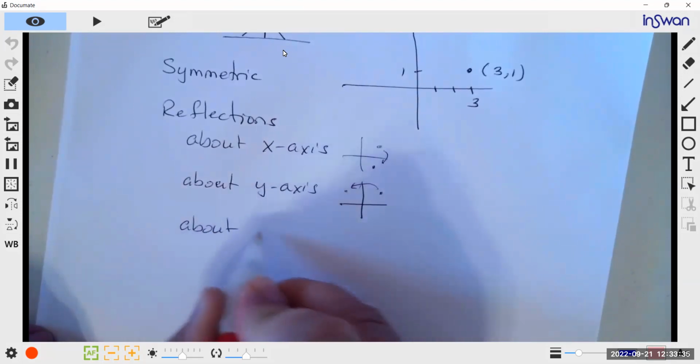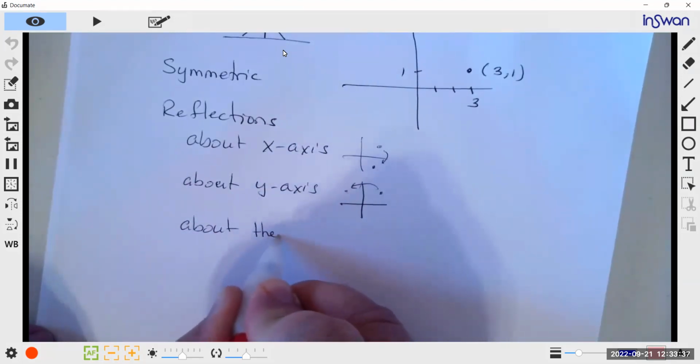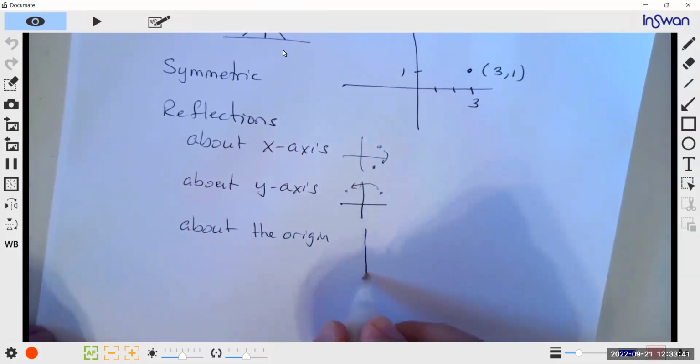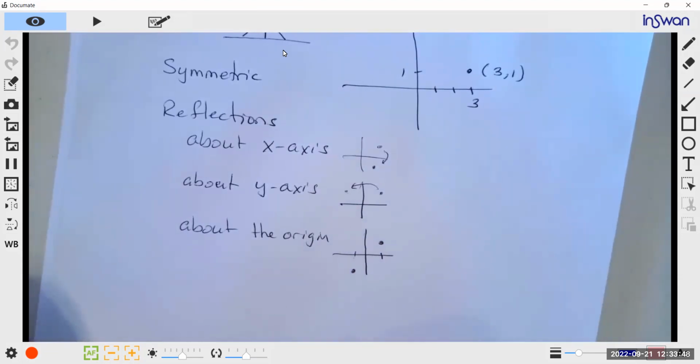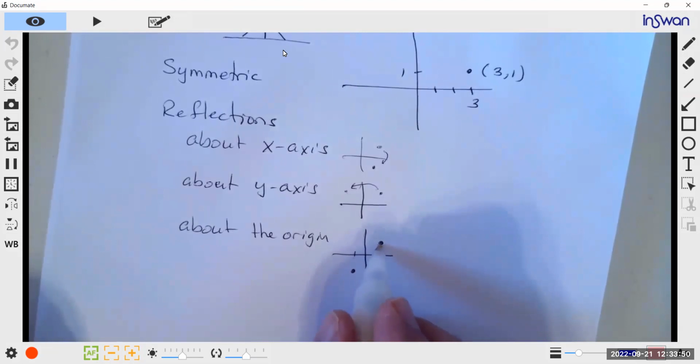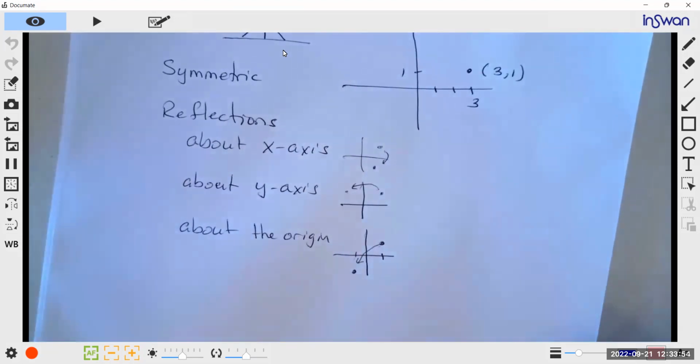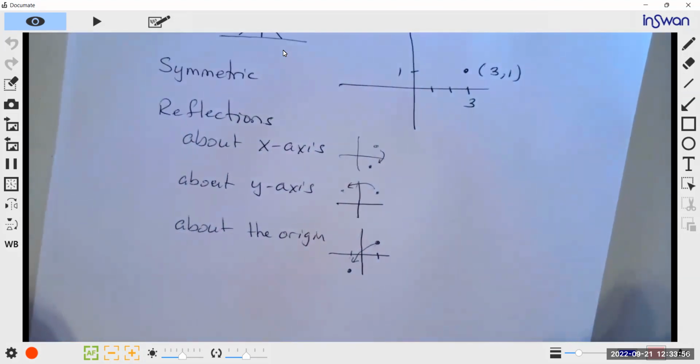And the last one is about the origin. So we have a point there, then it's about the origin there. So let's look what's happening here.